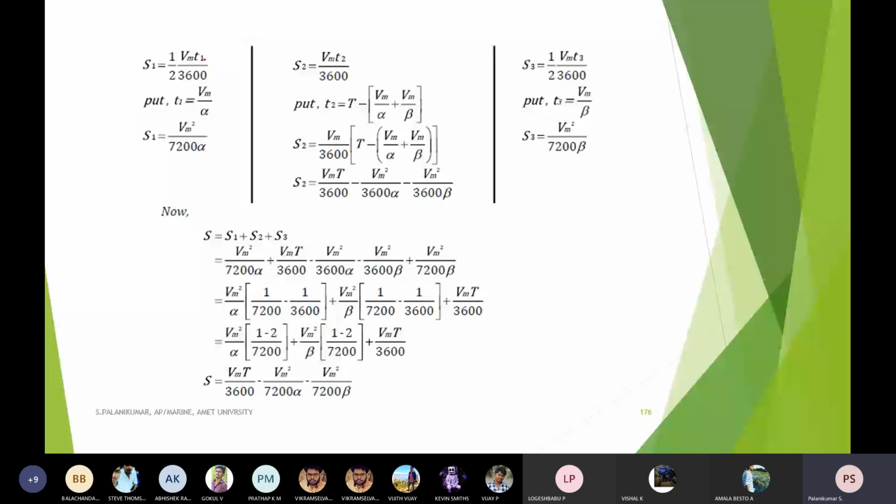I know what T1 is, so I simply substitute Vm by alpha. So S1 is Vm square divided by 7200 alpha. Likewise, S3 is Vm square divided by 7200 beta. Whereas S2 is Vm T by 3600 minus Vm square by 3600 alpha minus Vm square by 3600 beta.